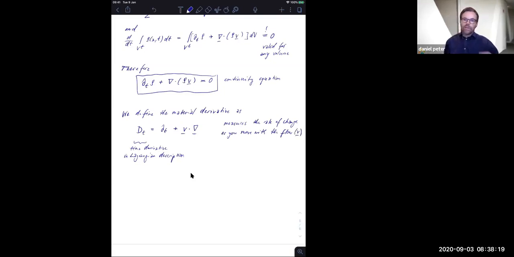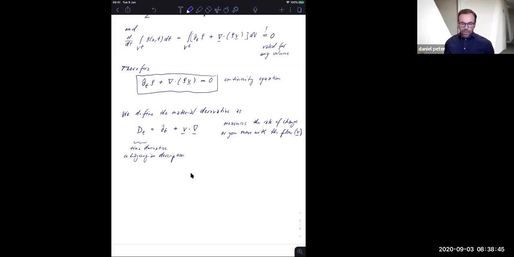This v is like a velocity field that we are placed inside, and we move along these streamlines of the velocity field of v, and then we take the material derivative. We look at the change of the quantity within our little dV parcel, within our little volume parcel.